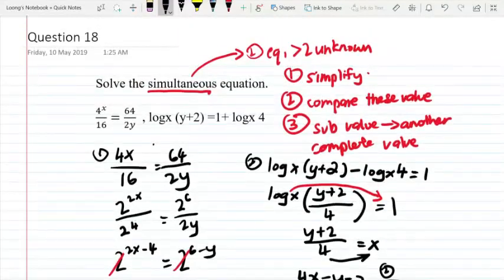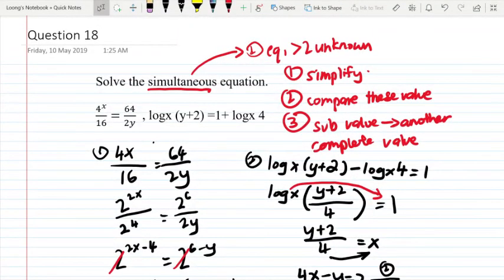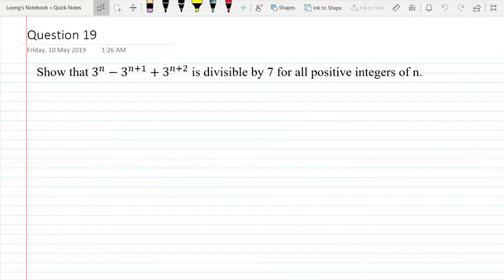So lastly I want to further say that when solving this kind of simultaneous equations, we need to always follow these 3 steps. And now is question 19.